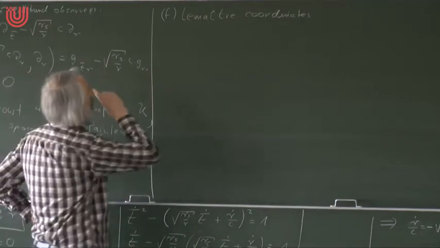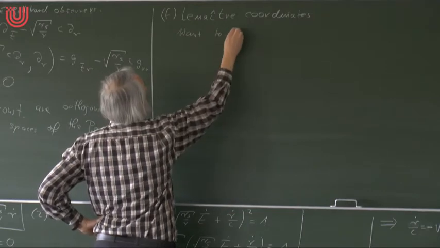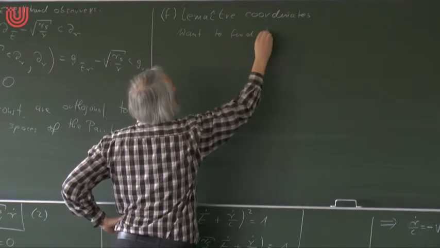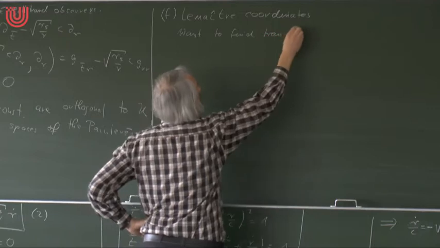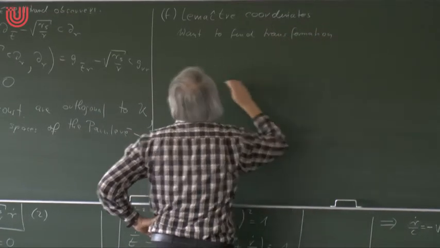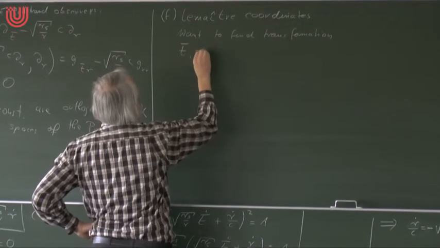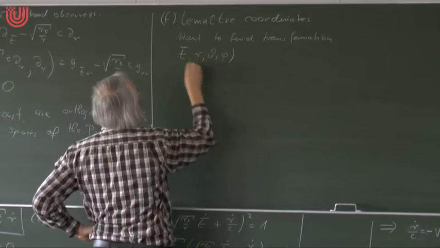So, we want to find the transformation. And this time we start with Painlevé-Gullstrand, T bar, R, theta, phi.